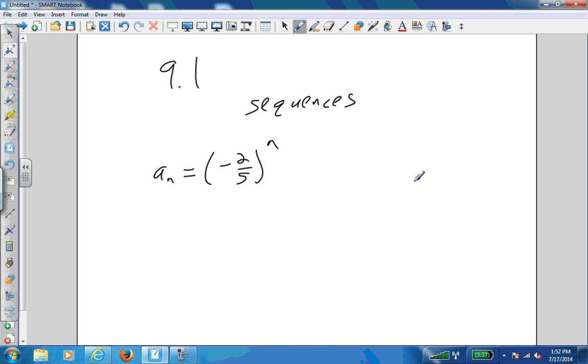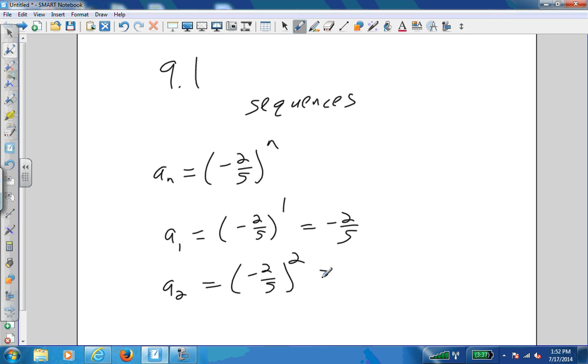So one way of describing a sequence is with a formula like this, where for the first term we use a 1 for n. The second number in the sequence we use a 2 for n.